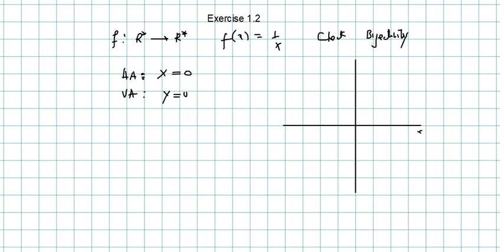What is the domain of this function? If I plot this graph as I have taught you earlier, you will see the graph of this function is something like this. This graph does not have any x intercept or y intercept. So, this is the curve.